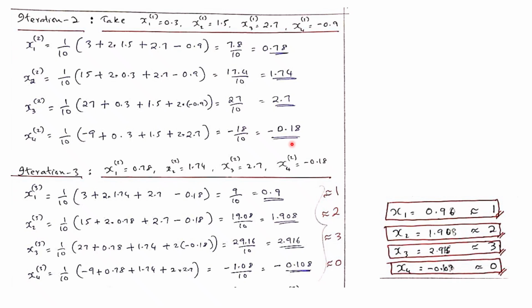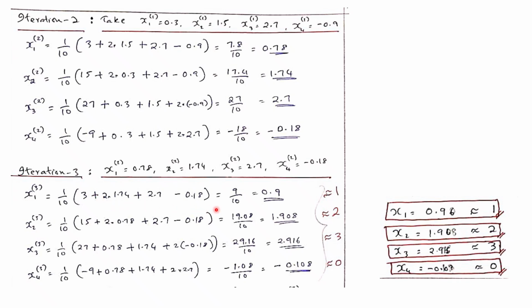Next, for the third iteration, the values obtained in the second iteration are used. Take 0.78 as x1, 1.74 as x2, 2.7 as x3, and minus 0.18 as x4, and substitute in the original equations.